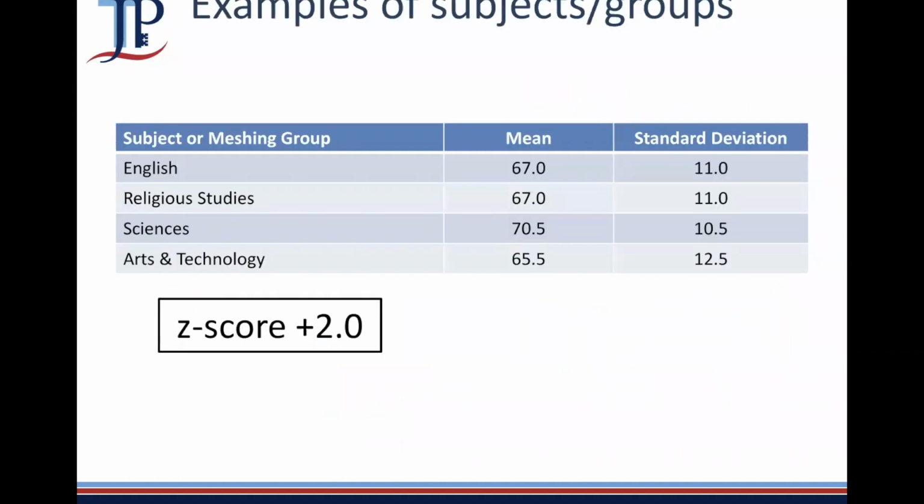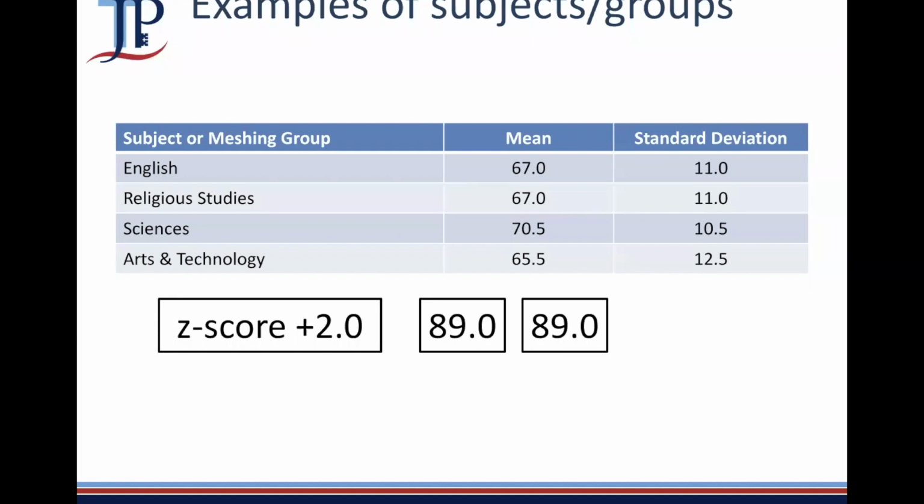And just again to look at the reality, here's our original scaling parameters for the 4 subjects that I'd set up at the beginning. If we go for a Z score 2, even though those means are quite different, 89, RE will be the same, of course, 91 and 90. So they're pretty close now.